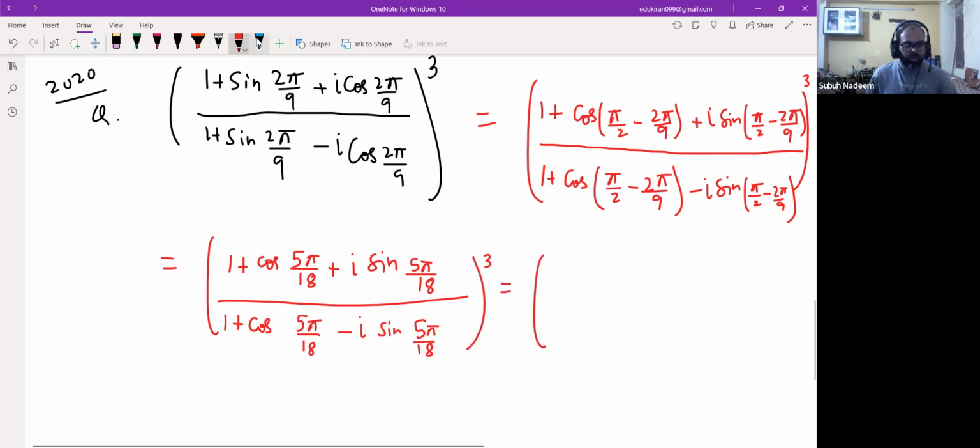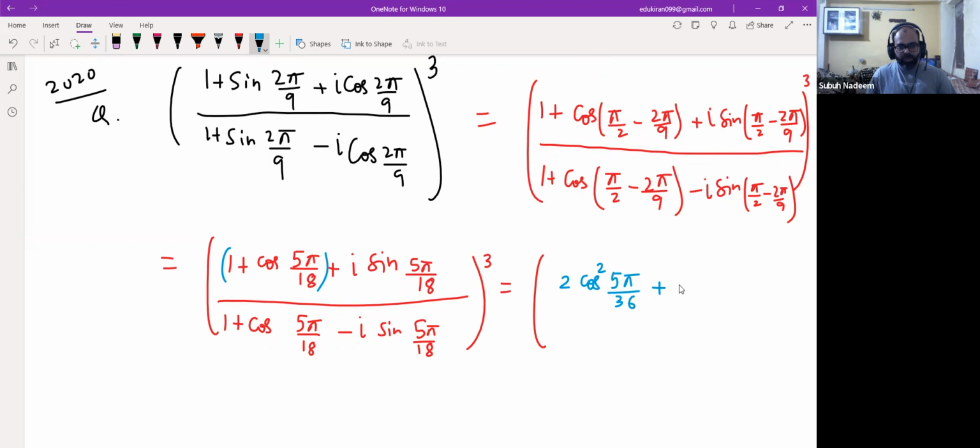So this is equal to 1 plus cos 5 pi by 18 can be written by the identity. Now apply trigonometric identity. Before applying it, we need to change sine into cos and cos into sine. Now you can apply. So 1 plus cos 2 theta is equal to 2 cos square theta. So cos square 5 pi by 36 it will become.